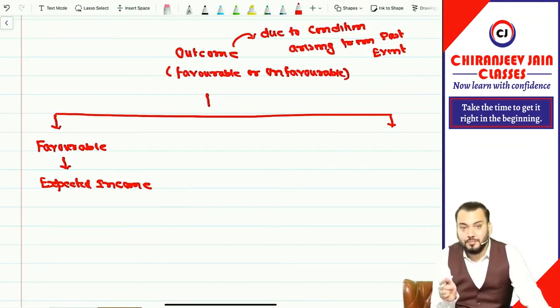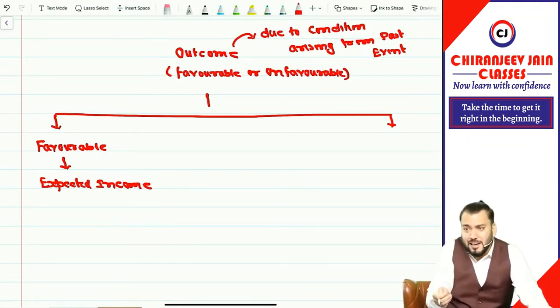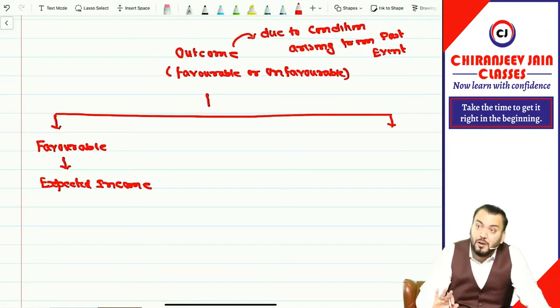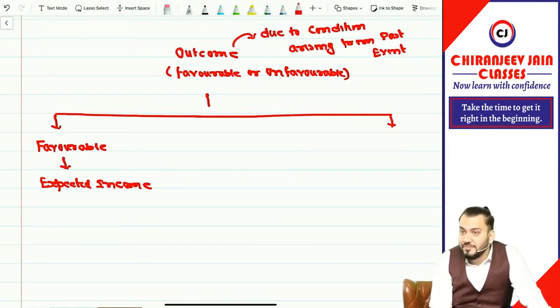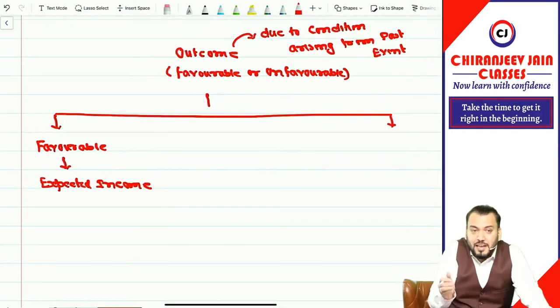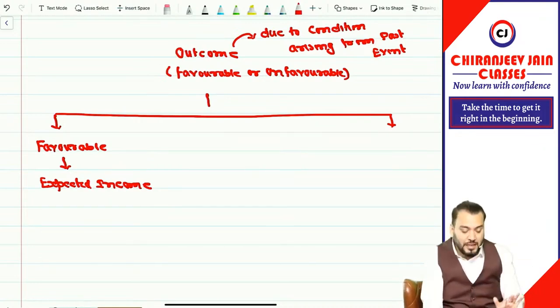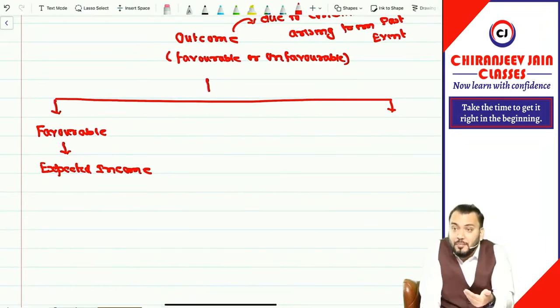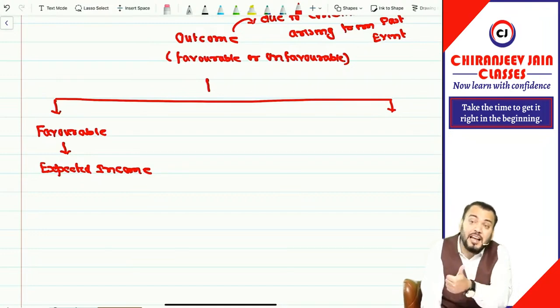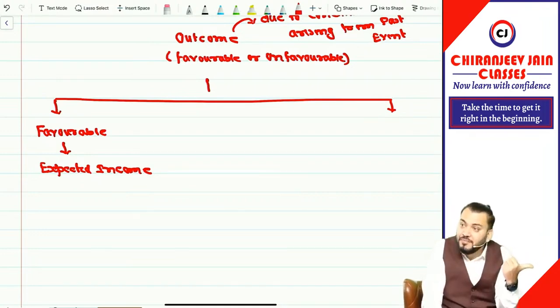Income is a wider term. There is no need to say income or gains. Income always includes gains. Correct? Have you understood? When I am saying favorable, it is favorable to the entity, means there is an expected gain, and this gain will arise from a past event. Correct?